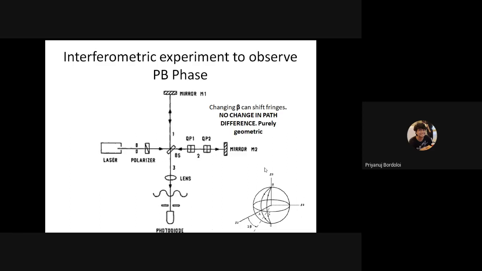So when you interfere both waves, you will get some fringes. By rotating your second quarter wave plate, you change beta, and you change the phase difference between the two. Hence, your fringes will also shift. So this is a very easy way to see how just changing the geometry of your equipment, with no change in optical path length, you are actually shifting the fringes. You're changing the phase without any change in optical path length.